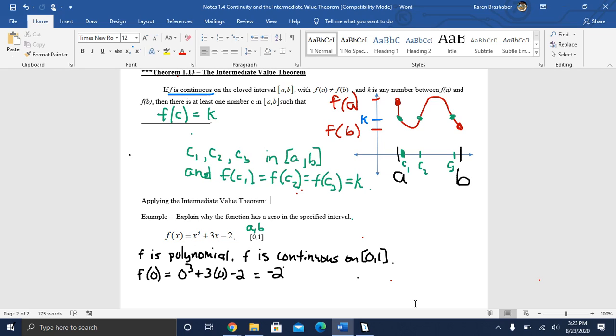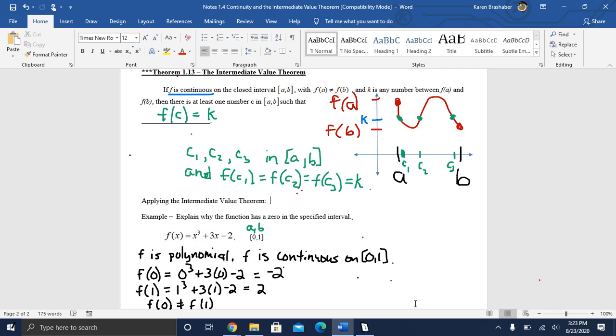And then f of 1, so that would be 1 to the third plus 3 times 1 minus 2, and so that gives me positive 2. So we can conclude that f of 0 does not equal f of 1, and we've met another condition of this theorem.